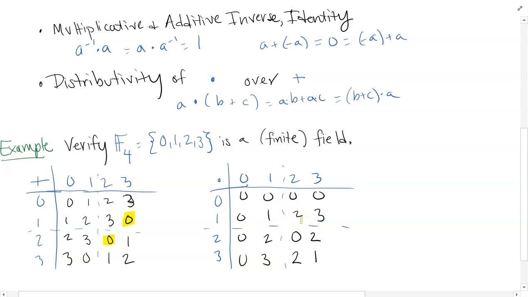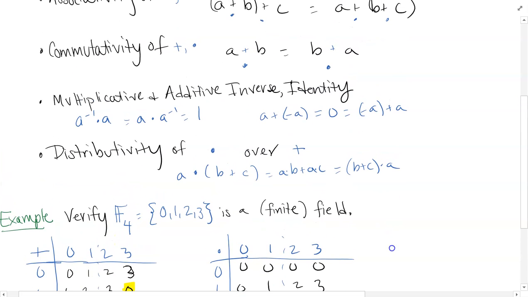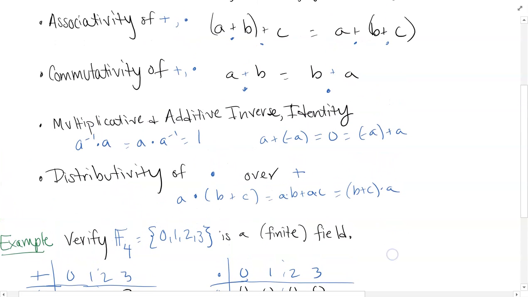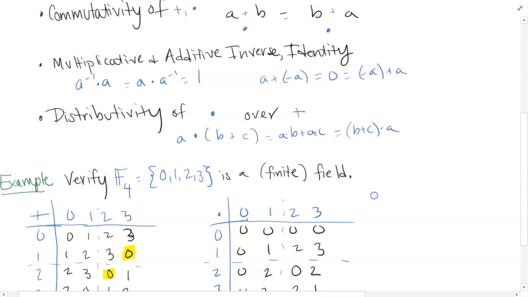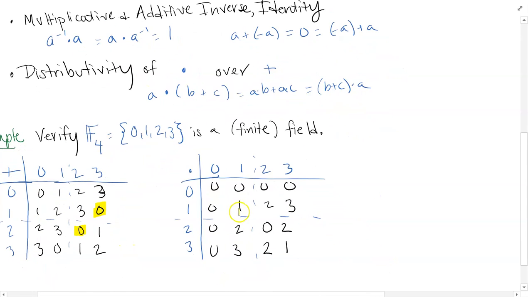We're kind of going through and just verifying these verbally; you'd actually need to write all this down. I talked about multiplicative identity being 1. For multiplicative inverse, certainly 3 times 3, that's its own multiplicative inverse, as is 1.